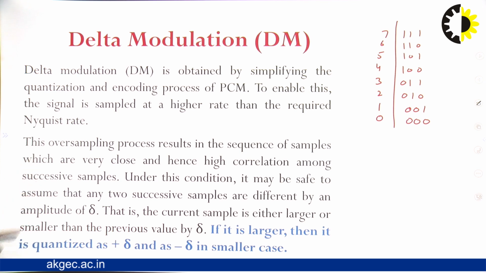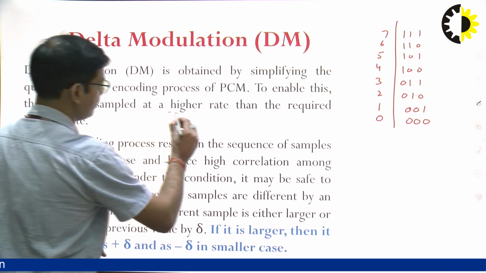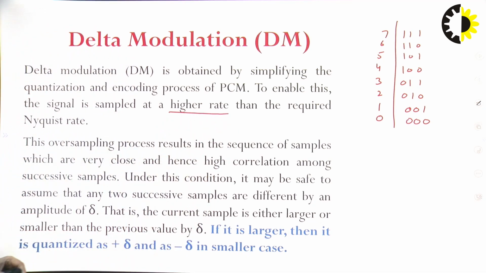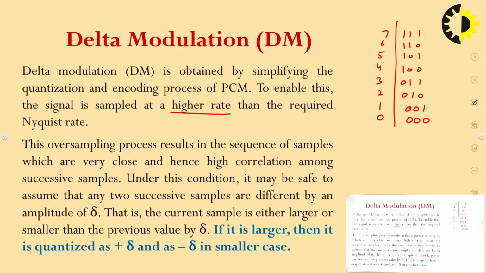Now in case of delta modulation, one thing is that we take a higher sampling rate. The benefit of taking higher sampling rate is that the gap between successive samples will be less, and if the gap between successive samples is less, it means they are more correlated to each other. The correlation between the samples will be higher.